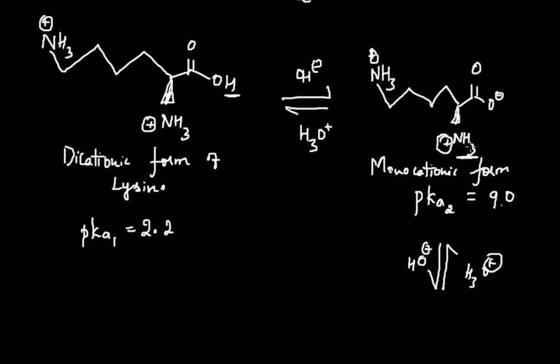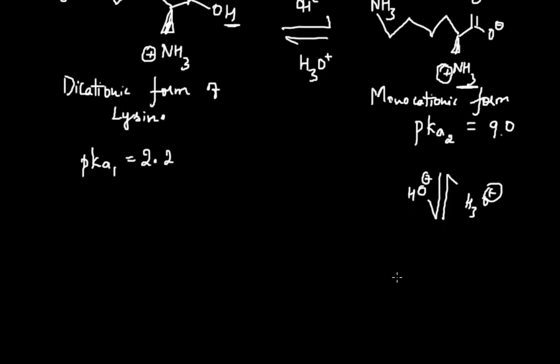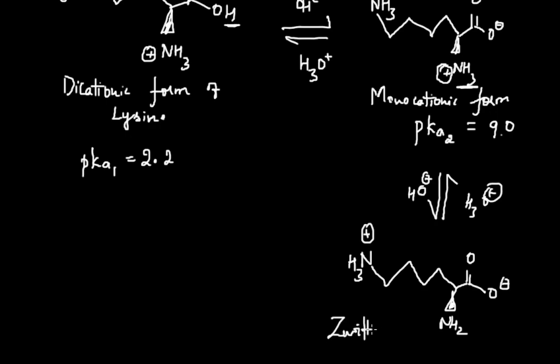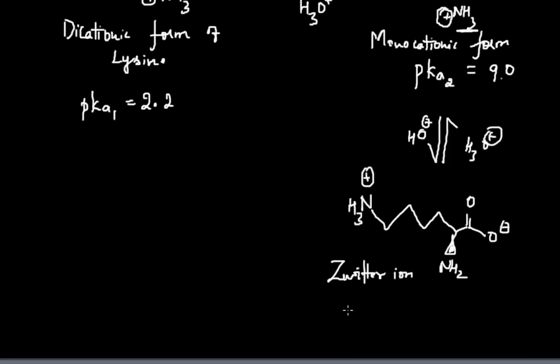So what happens is, this proton is removed next. So this is your zwitterion form, and the pKa3 of this particular proton is here 10.5.